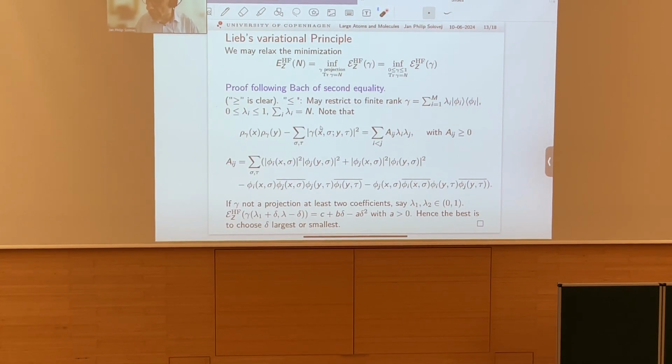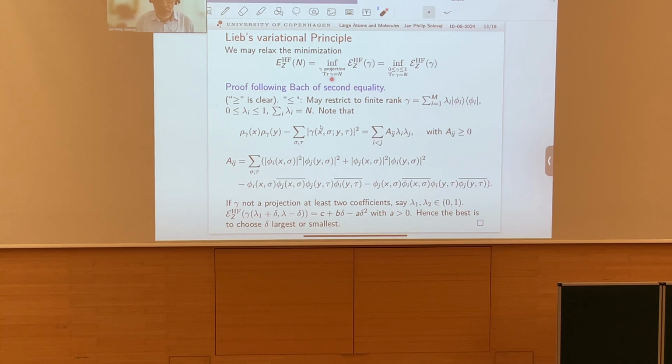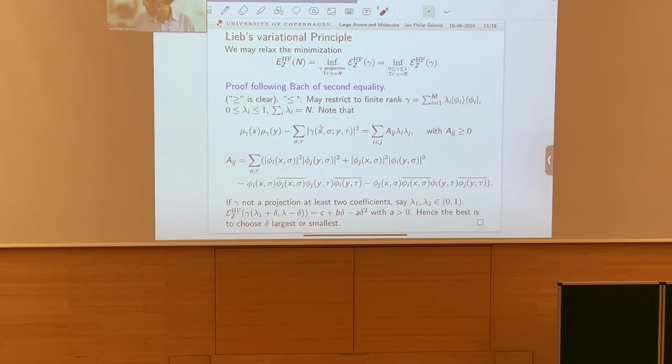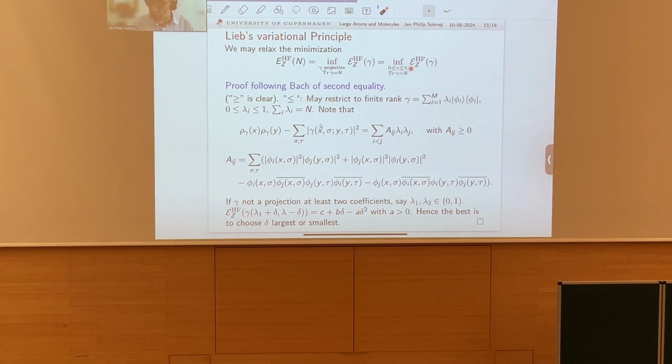So I would minimize this over all projections of dimension n. Well, the dimension of the projection I could just write as trace gamma. But I claim that I get the same if I instead take the infimum over everything that just satisfies the Pauli principle, 0 less than or equal to gamma less than or equal to 1.